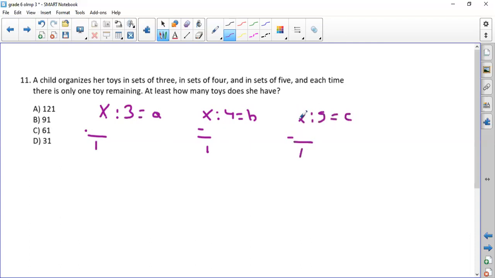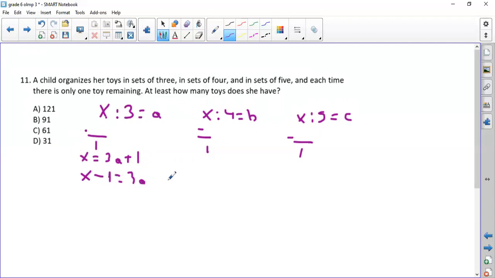Well, how can I write it in a different way? It means X minus 1 is equal to 3A. I can express X in this form: X is equal to 3A plus 1. So 3 sets with A toys plus 1 will give me X. After that, I can pass the 1 to this side.